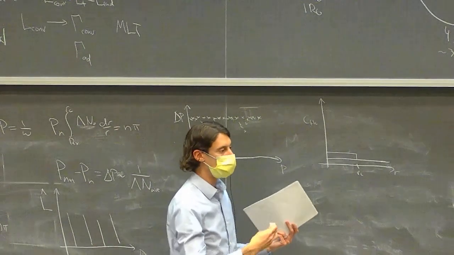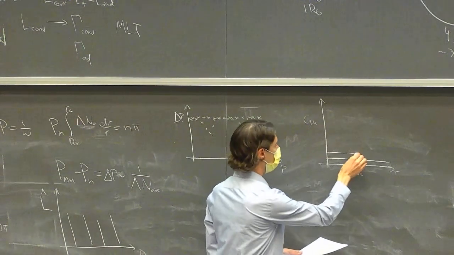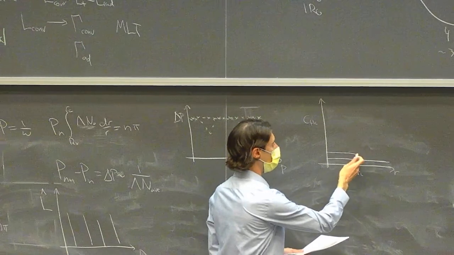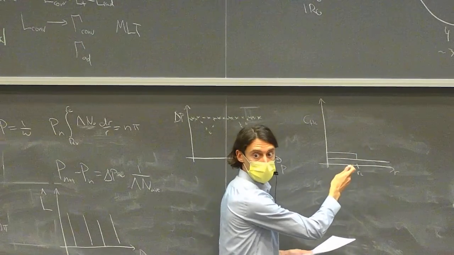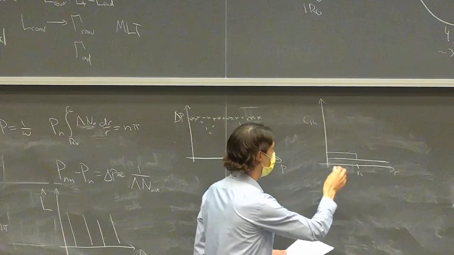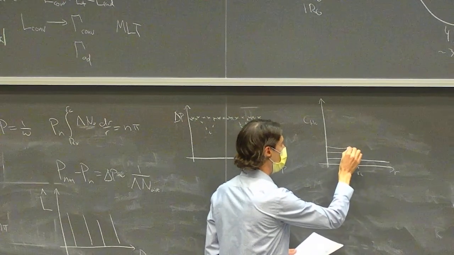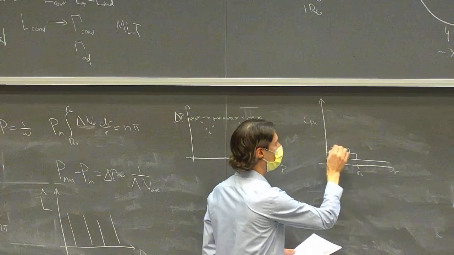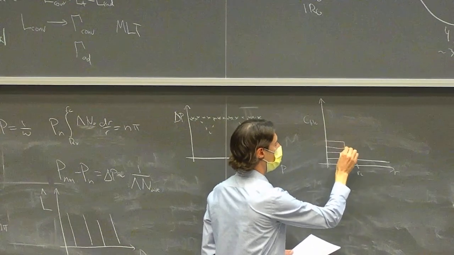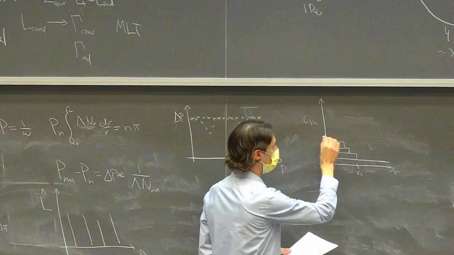Now, what's interesting is that not only does this happen, but as the star evolves, the core actually shrinks a little bit. So the next time the helium concentration rises, it doesn't rise to the same radius. It only rises in a smaller region. It kind of goes like this over the star's life.